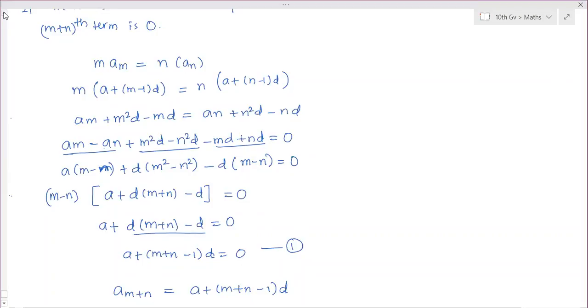Ma'am, how did it become m plus n over there, ma'am? M square minus n square was there. The factors are, here it is m square minus n square. So what are the factors? Oh, okay. M plus n and m minus n.